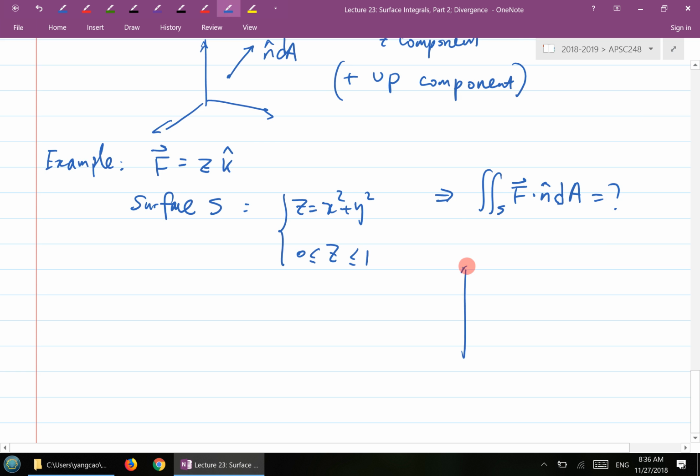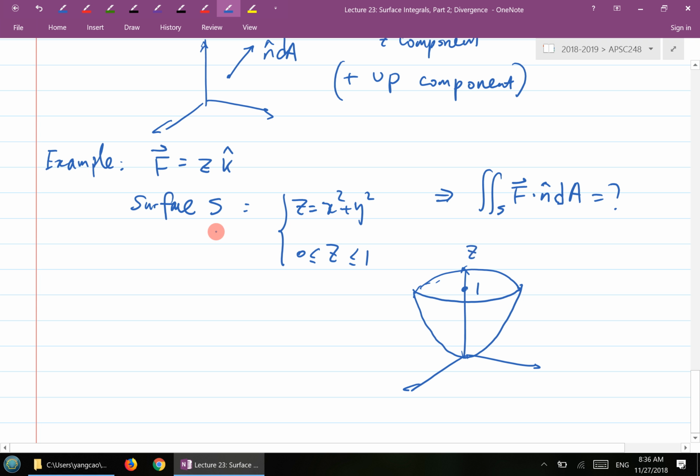First step, you have to be able to plot some of the very basic surfaces, and this is a paraboloid. It looks like that. And z is between 0 and 1, so this paraboloid will be chopped off at the top when z equals 1. So this point here is z equal to 1. Now you also sometimes have to be careful.